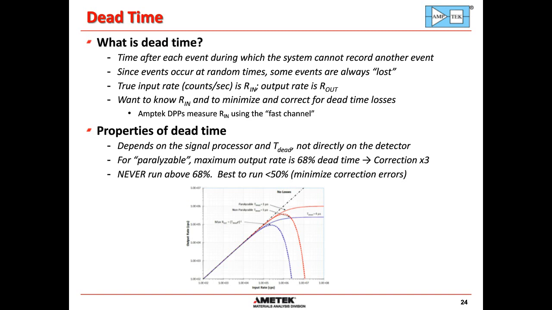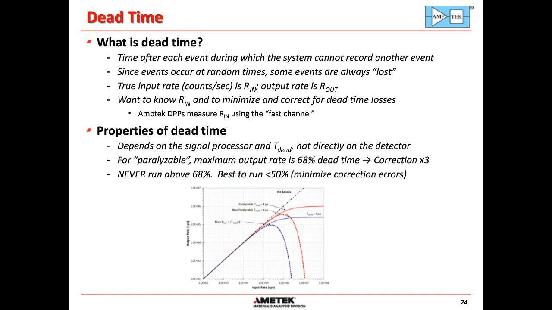For our slow channel, there's a maximum output rate which corresponds to a 68% dead time, or a factor of 3 dead time correction. You never want to run above 68% because you're throwing good counts away. We recommend running at 50% or less. As you get above that, you're doing a bigger and bigger correction, and it's easy for errors to creep in.